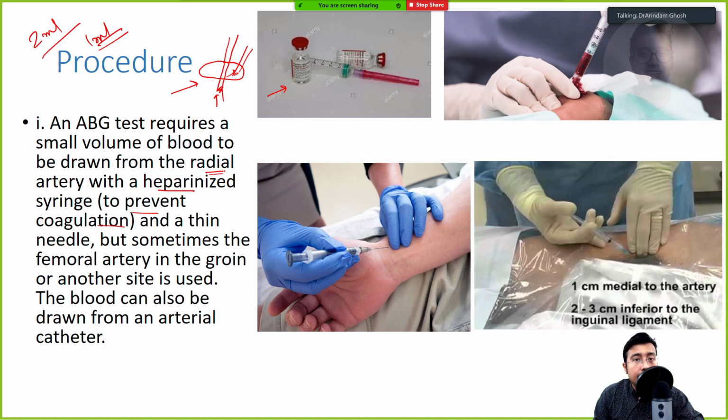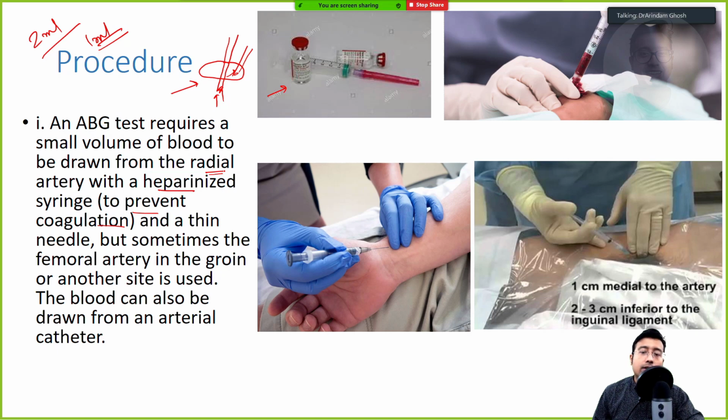But there may be cases, for example, in case of a burn, suppose the area is burnt and anatomy is lost, or in case of any amputation, or any plaster, so that you don't have any access to the radial artery. Then we choose another superficial artery that is very easy to palpate, that is the femoral artery. In the femoral triangle, we know the femoral artery, vein and nerve are in a relation, so we palpate, and that is known as a femoral tap.